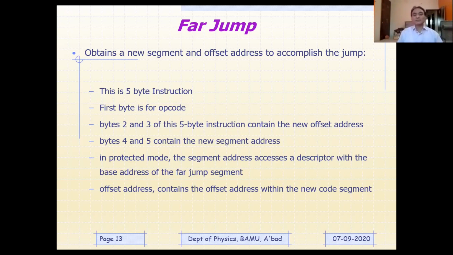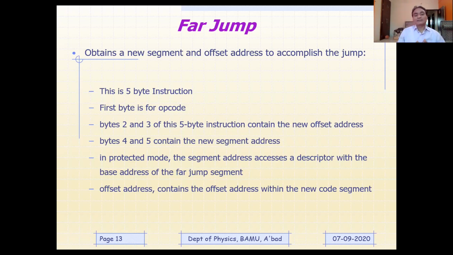So that prefix means base address. Prefix means segment address. So out of this 5 bytes, 1 byte is going to be reserved for opcode, so then we have got 4 bytes remaining, right? Out of this 4, 2 bytes would be for offset address and the remaining 2 bytes will be for segment address.